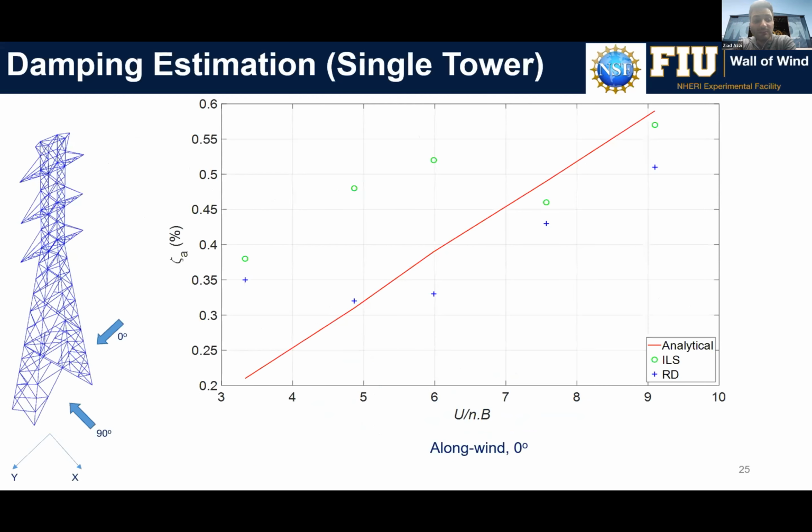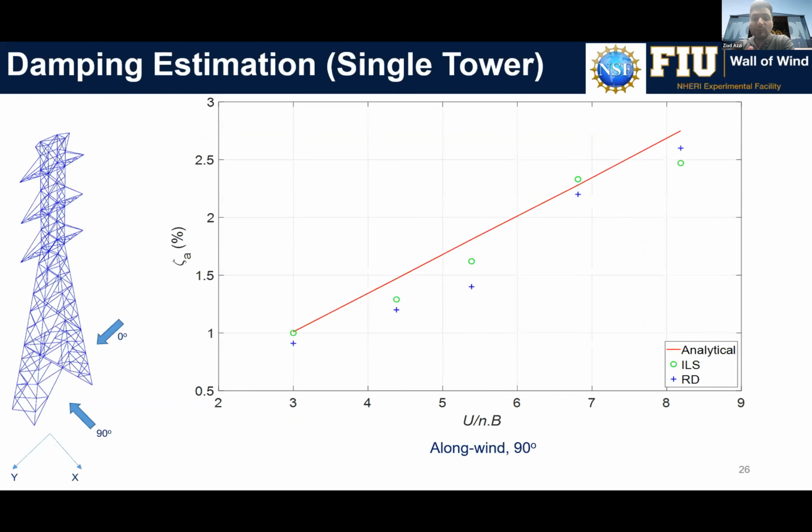For the damping estimation, considering along wind at 0 degrees, the strong axis, we obtained good results at higher wind speeds between the analytical and both experimental techniques. But we obtained even better results in the along wind at 90 degrees for both ILS and random decrement techniques with respect to the analytical equation.